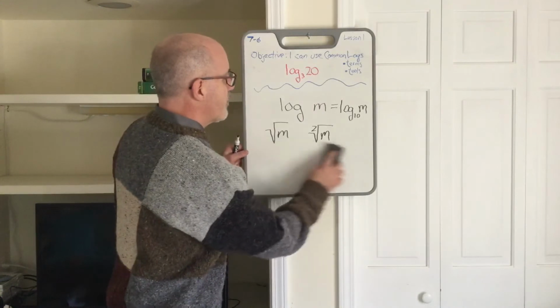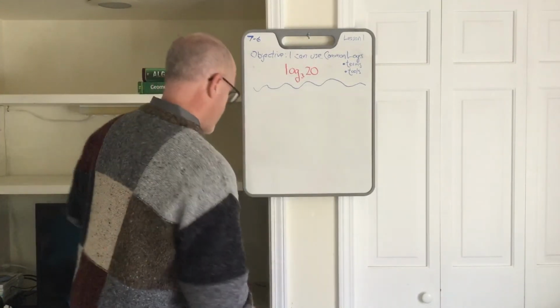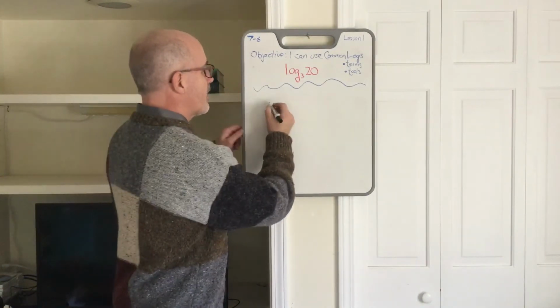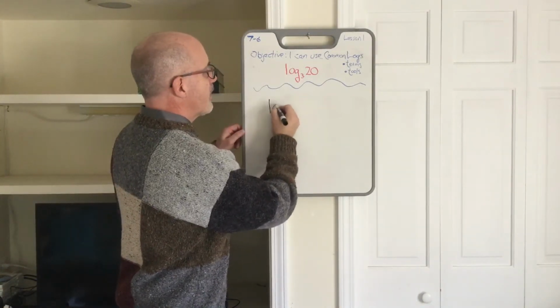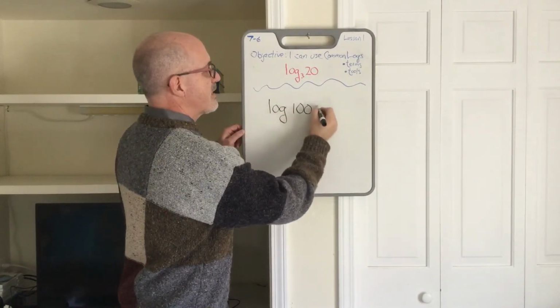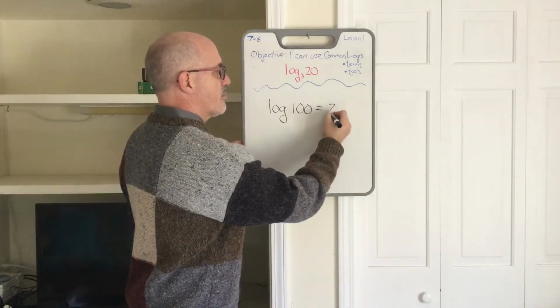If we're doing a problem like this one, let's do a simpler one, log of 100. That's saying 10 to what power is 100? So that answer is 2.